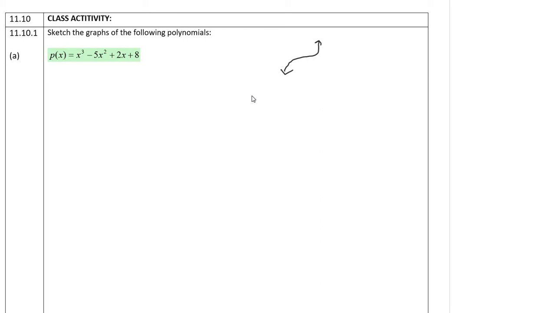So now what I do, I go to my calculator and do the table mode and find an x value that will give me 0.